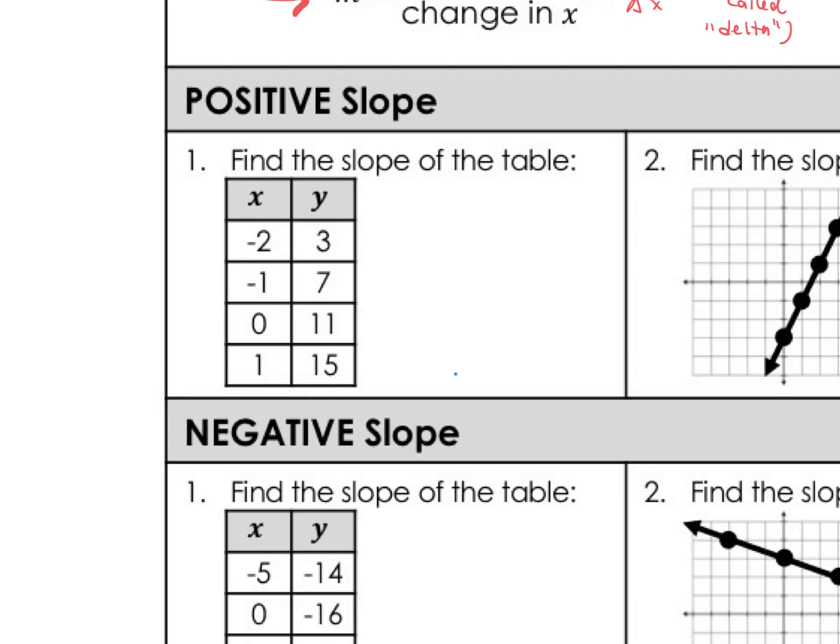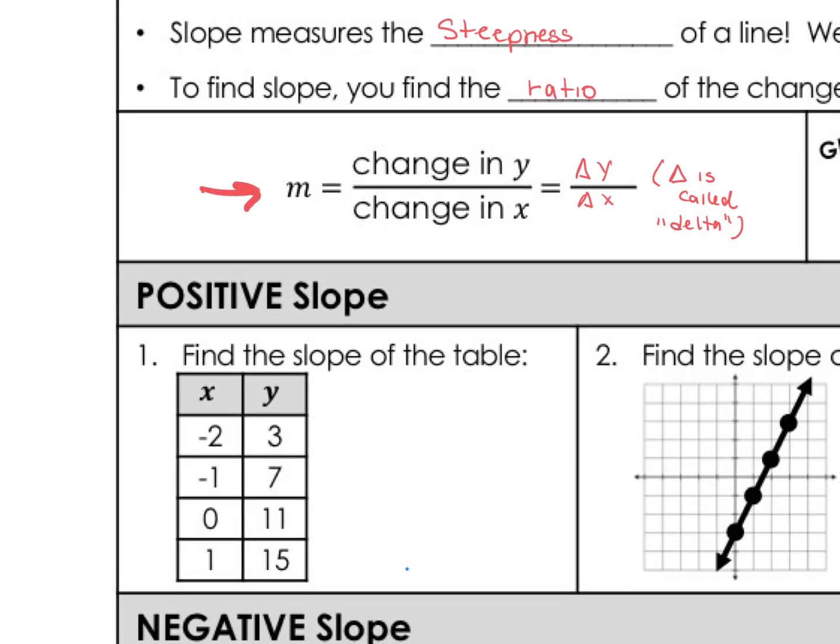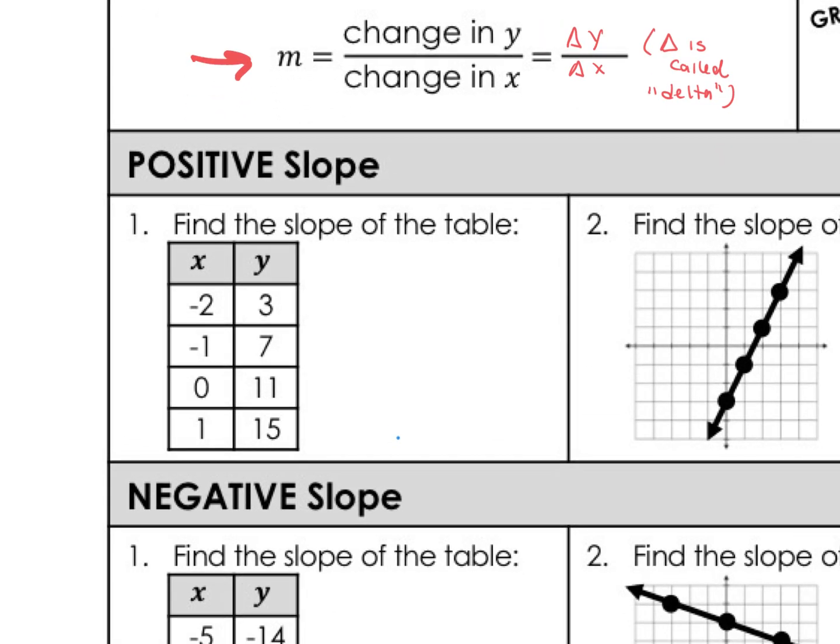Now, to find the slope from a table, you want to look at the change in your y's over your change in your x's. So you want to start with your y's.